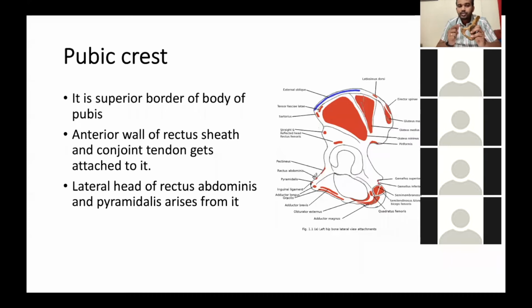Is it fine? So the pubic crest is the superior border of the body of the pubis, and this border gives attachment to the anterior wall of the rectus sheath, and to the conjoint tendon. It also gives origin to two muscles: the lateral head of rectus abdominis and the pyramidalis.